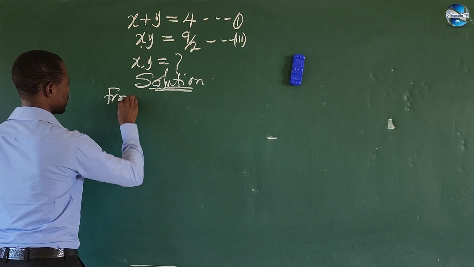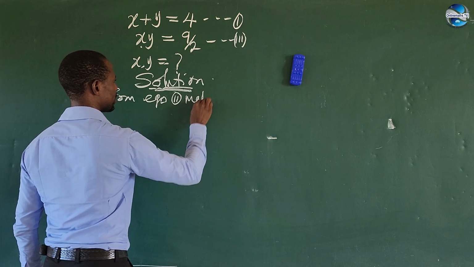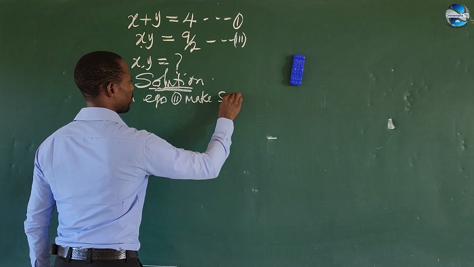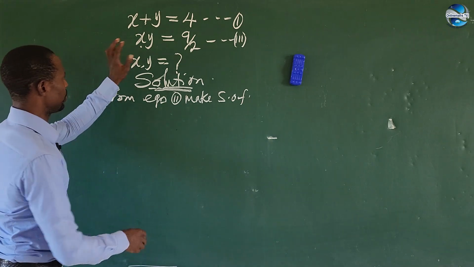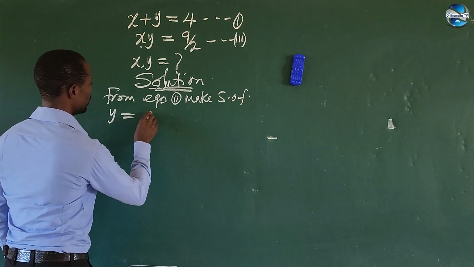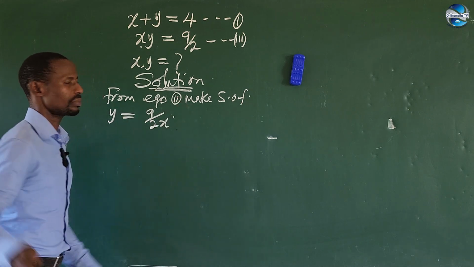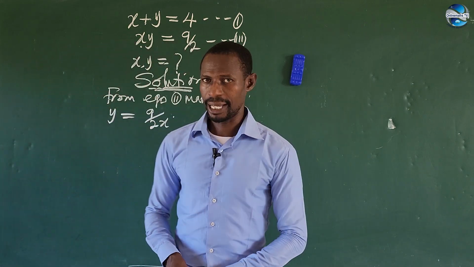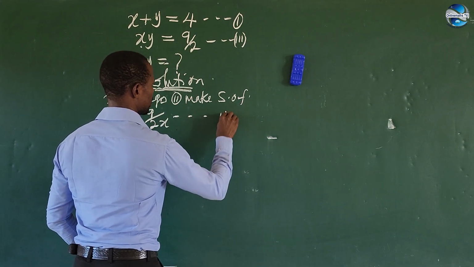So this is going to give us y will now be equal to 9 all over 2x. Easy, right? Let's give this equation 3.